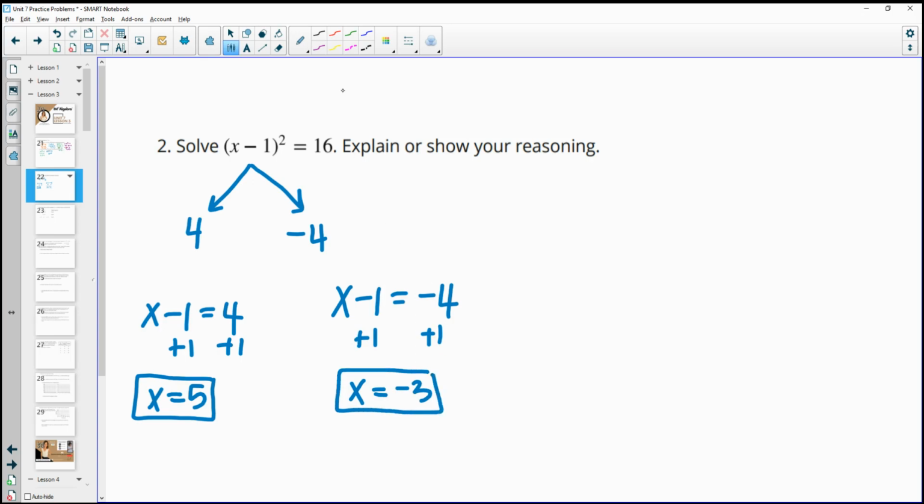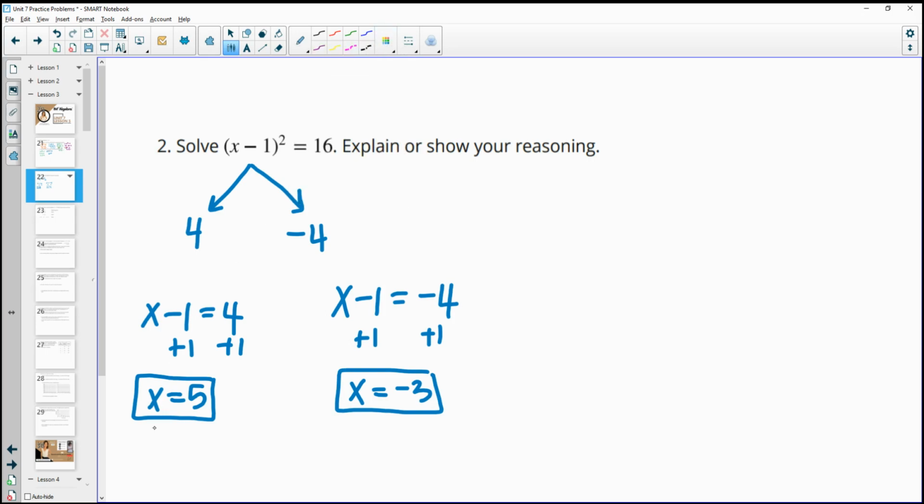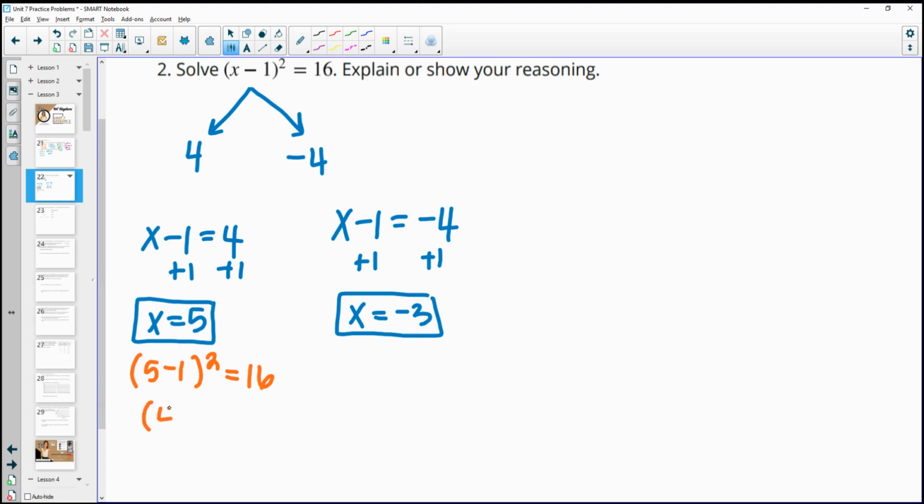So then let's just plug it in just to make sure, just to always check our work. So if we plug in 5 here, we would have 5 minus 1 squared, and that should equal 16. Well, 5 minus 1 is 4, and 4 squared is 4 times 4, which is definitely 16. So that's good. That means that this is in fact a solution.